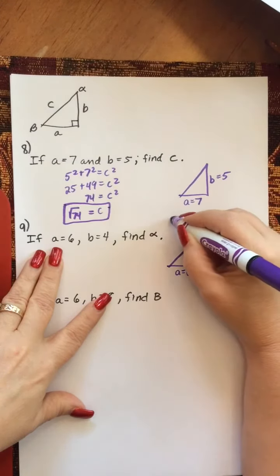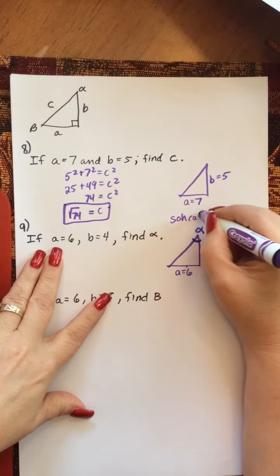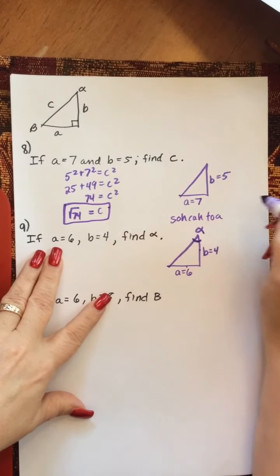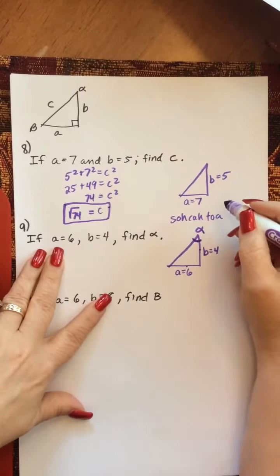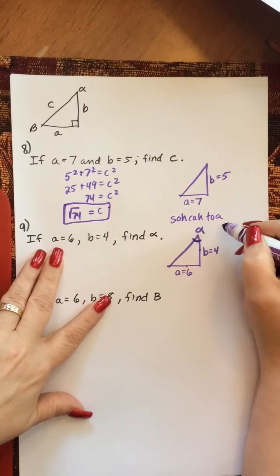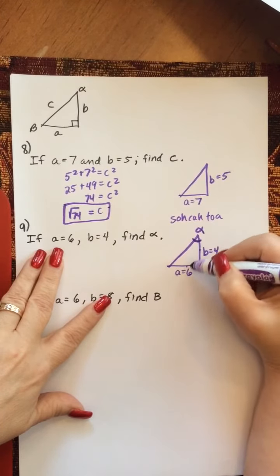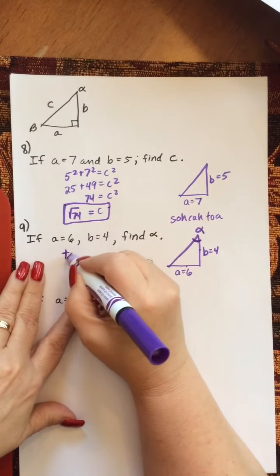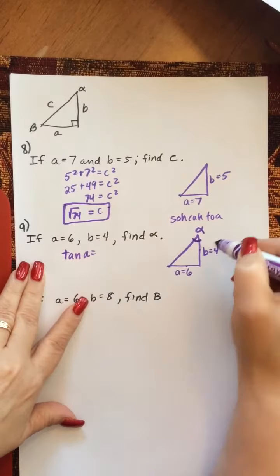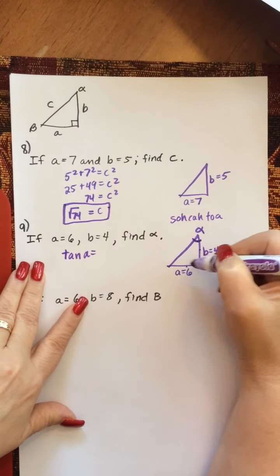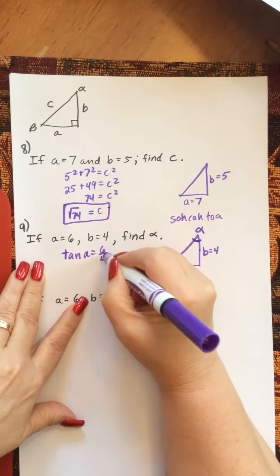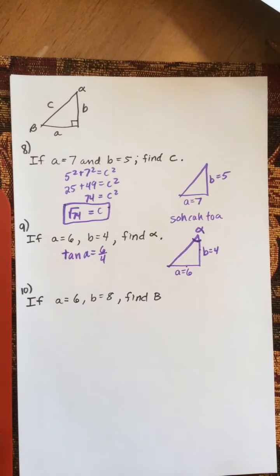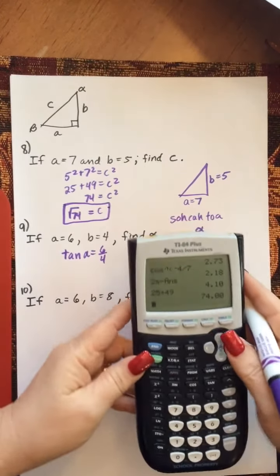Okay, remember SOHCAHTOA? So which trig function uses opposite and adjacent? I believe it's tangent. So I could say the tangent of alpha is equal to opposite over adjacent, so 6 over 4. That reduces to 3/2, but your calculator doesn't care if you reduce it or not.